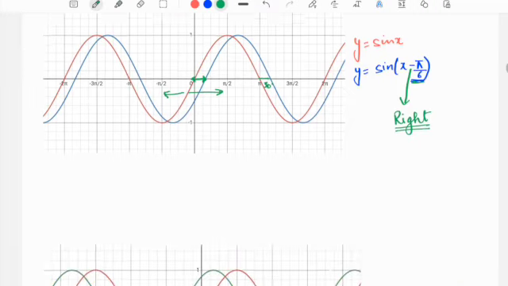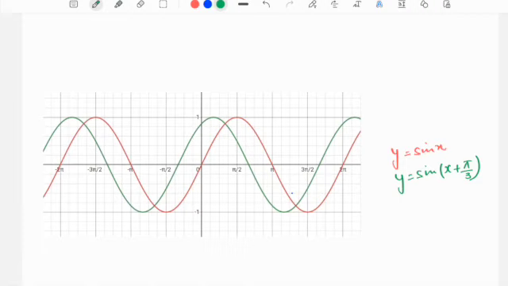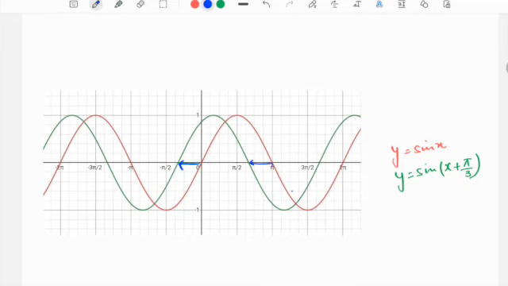If it was plus, it would move to the left hand side. Okay, so this has now moved to the left hand side. In this one we have 60 degrees, so it has moved 60 degrees to the left side. Plus means left side.